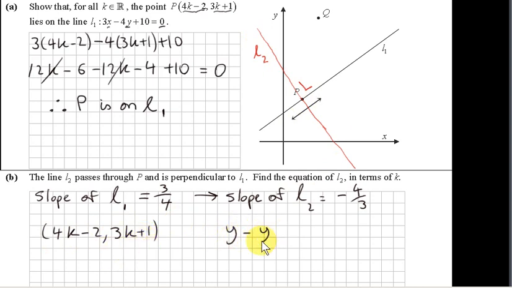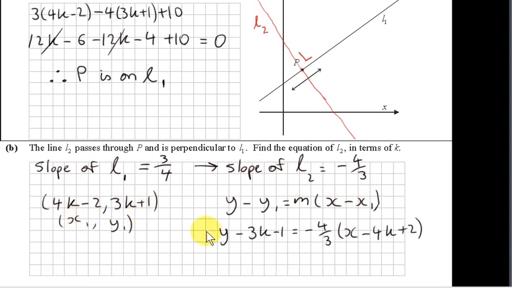We use the formula y - y1 = m(x - x1), where (x1, y1) is a point on the line L2. So (x1, y1) is the point P in this case. That's the only point we're given. So we have y - 3k - 1 = -4/3 times (x - 4k + 2).